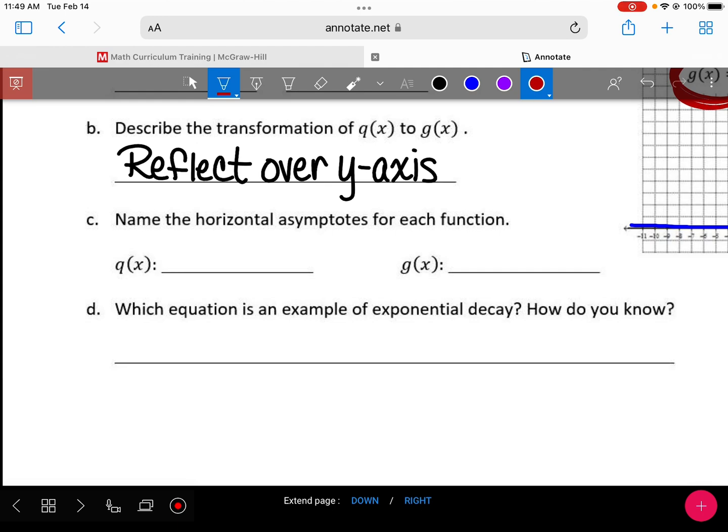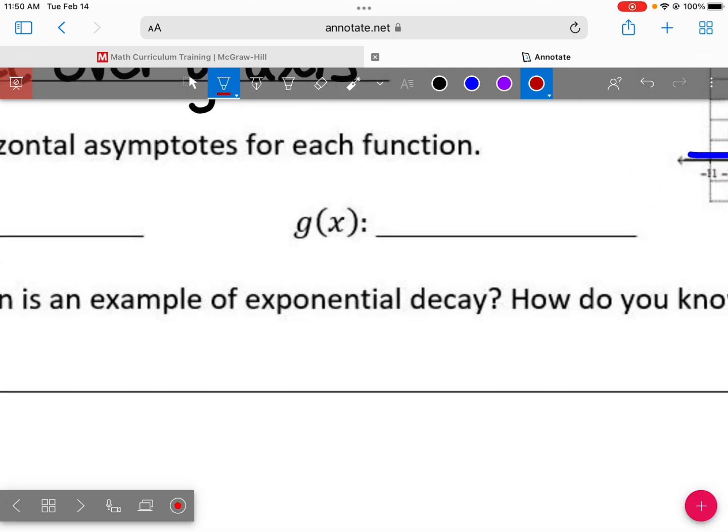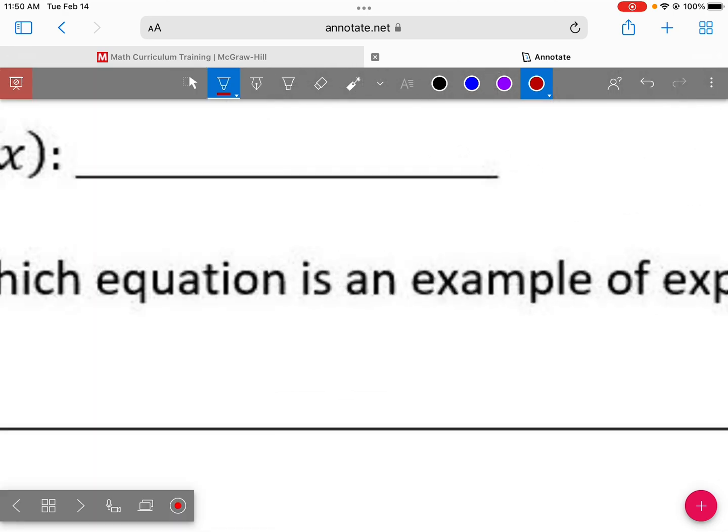Which one of these is asking me about growth or decay? D. Which graph, Q or G, is an example of exponential decay? Which one is an example of decay? Which one starts high and then goes low? G of x.